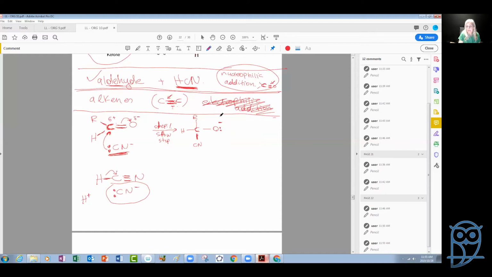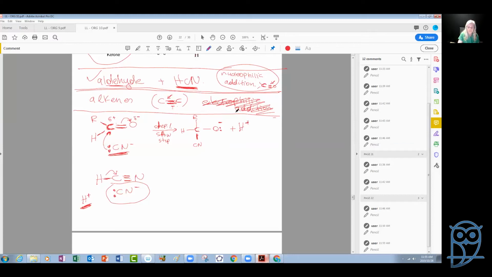This intermediate species is very highly reactive, and immediately, very fast, will react with this proton that was removed from the hydrogen cyanide, isn't it? So this oxygen will attack this proton.